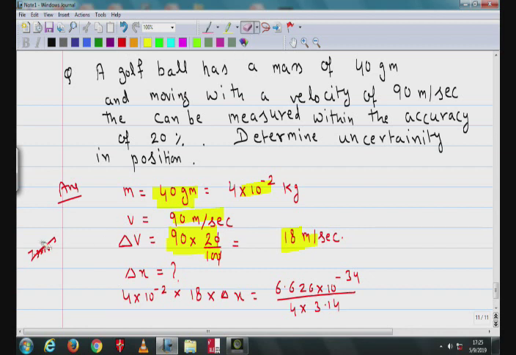Guys, what will be the answer for this question? You guys are looking quite lazy today. Done? Last 2 minutes, guys, for this question. These are quite simple calculations.